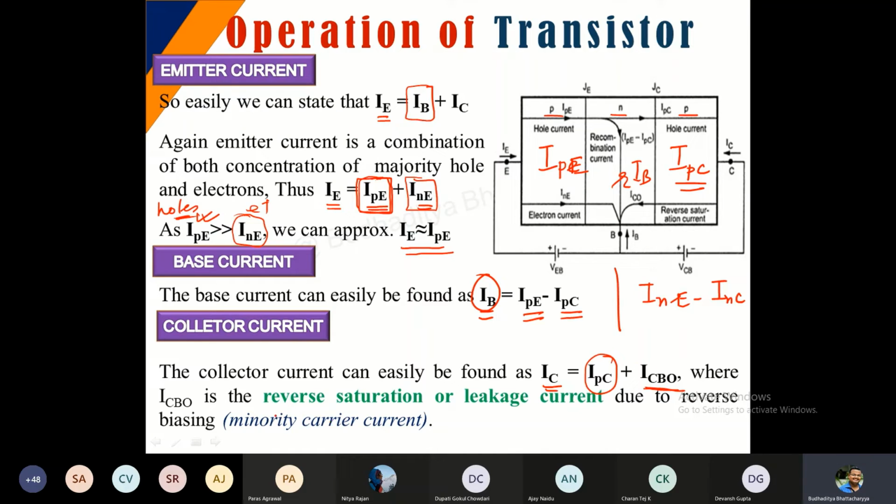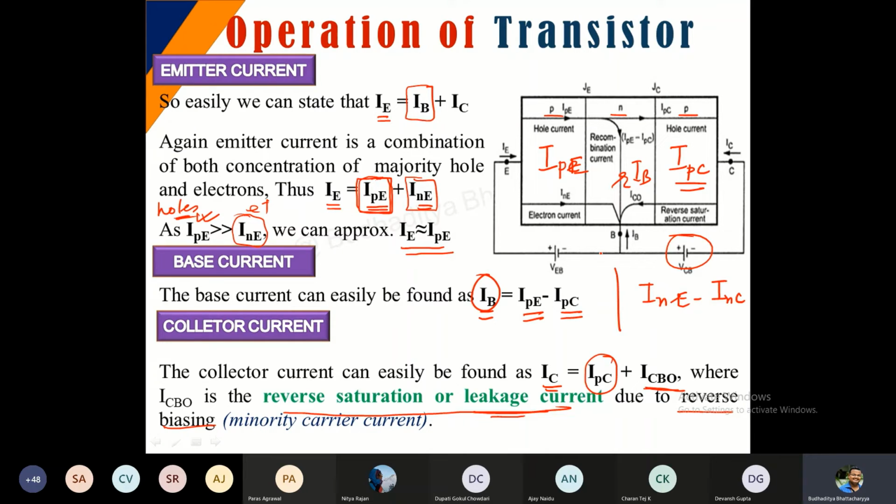This is called the reverse saturation current. Why is it leakage current? Because there is a reverse biasing present over here. And if you remember, in the diode also we discussed that whenever we have a reverse bias, definitely there will be a reverse saturation current.